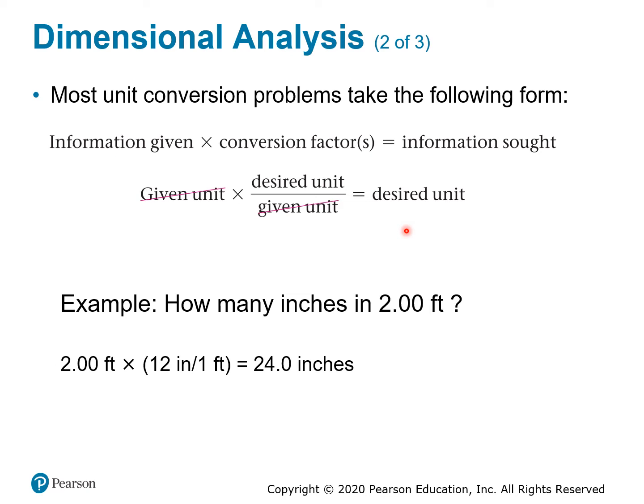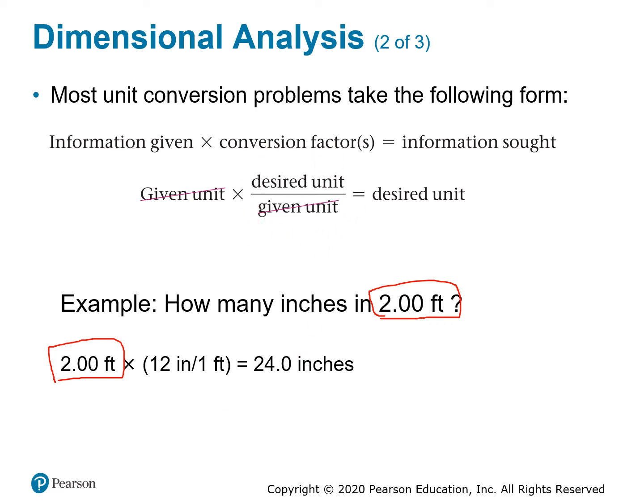So let's look at an example. How many inches are there in 2 feet? What is the information that you know? You start with the given, which is 2 feet. So you write 2 feet. Then you are going to use your conversion factor.